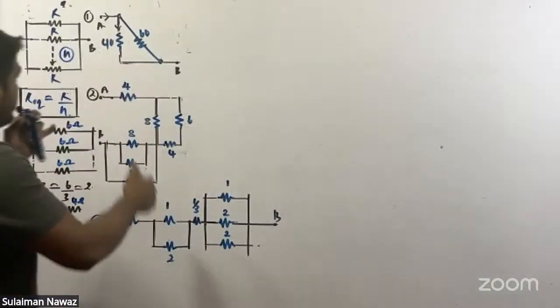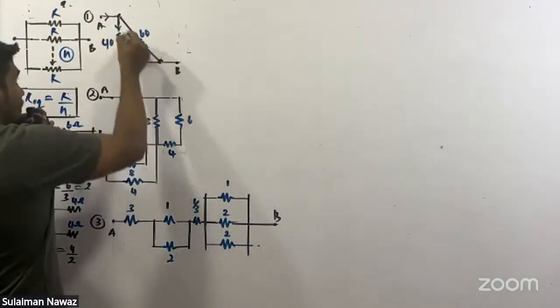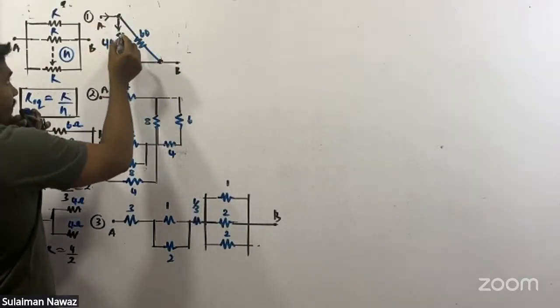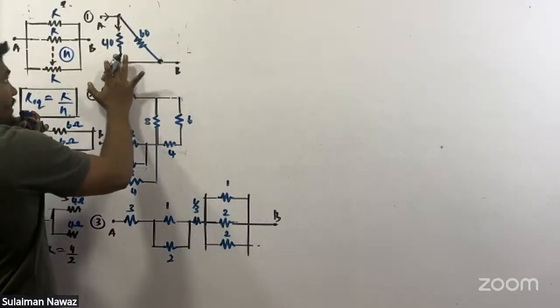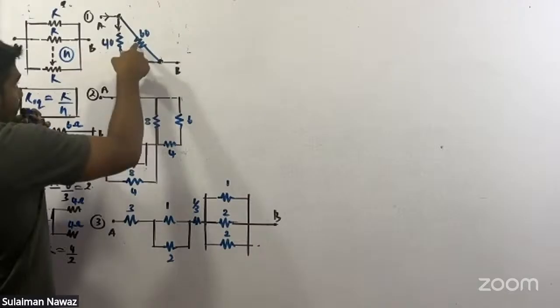Very simple. Between these 2 points, this is 60, and this is parallel. Just bend the wire the way that you prefer. If you bend the wire, you understand that these two are parallel.